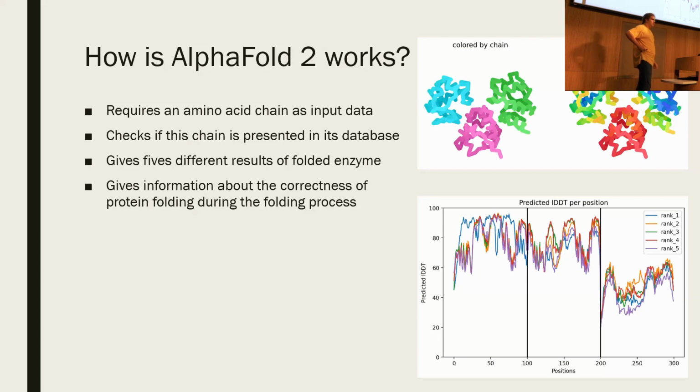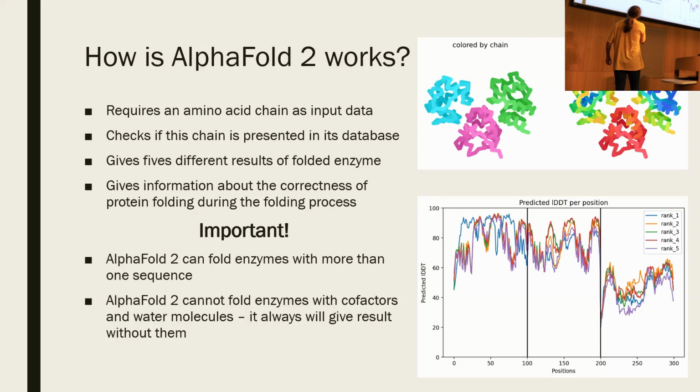But there are actually some important details to know before working with it. As I have mentioned before, AlphaFold 2 can give us a quaternary structure, not only tertiary. But when working, it can't give us enzymes with cofactor and water molecules.